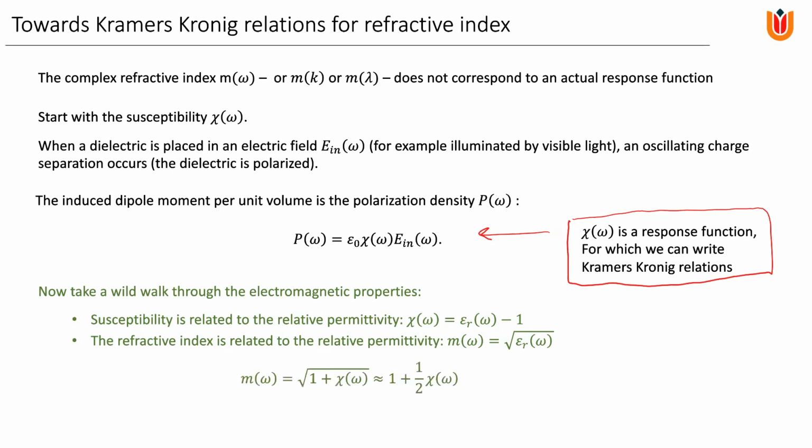Which means that if we assume that the response is really, really weak, we can first write the refractive index in terms of this susceptibility, for which the dispersion relations exist. But if the response is weak, then we can Taylor expand out of this square root, approximated as 1 plus a half times the susceptibility. So if this has a dispersion relation, this is simply scaling and an offset, so this will have a dispersion relation as well.